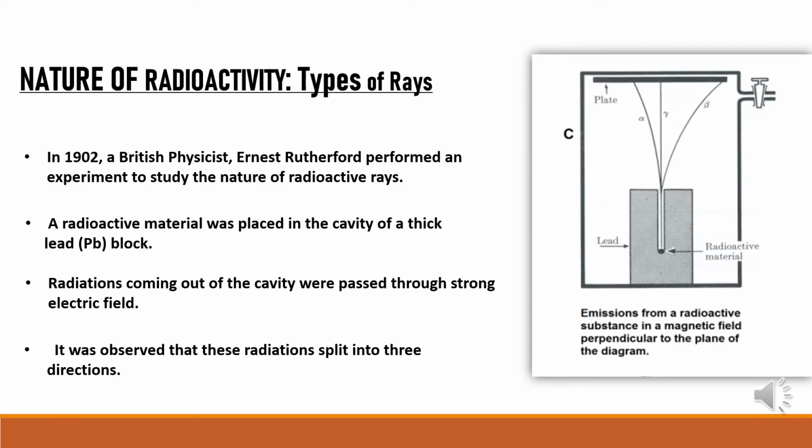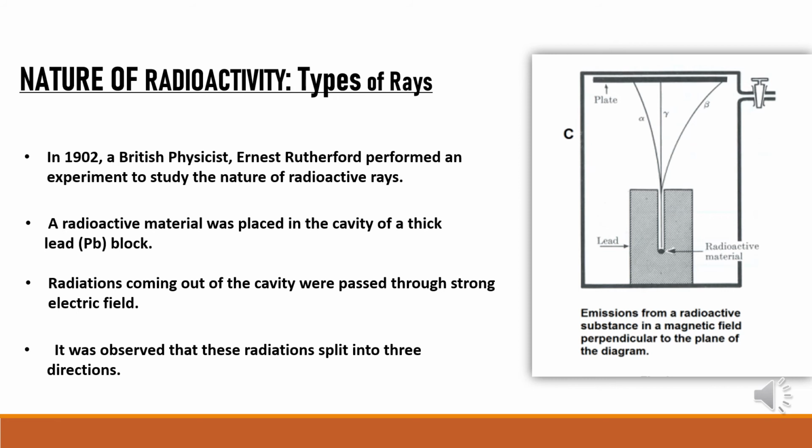Ernest Rutherford determined the nature of radioactive rays by an experiment and showed that there are three types of radioactive rays. Here in the diagram you can see the setup of the experiment. He took a sample of radioactive substance and placed it in a lead block.